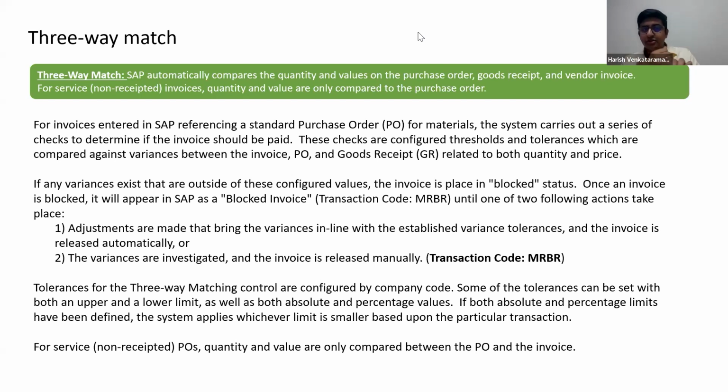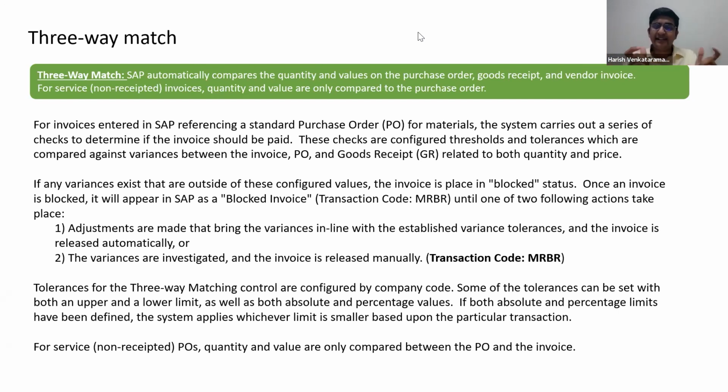Now, the first thing we should understand in such a control is what the configured thresholds are. In SAP, all of these analyses of variance, right? The variance between my purchase order price and my invoice price, or between my PO quantity and my goods receipt quantity, or the invoice quantity and my goods receipt quantity.